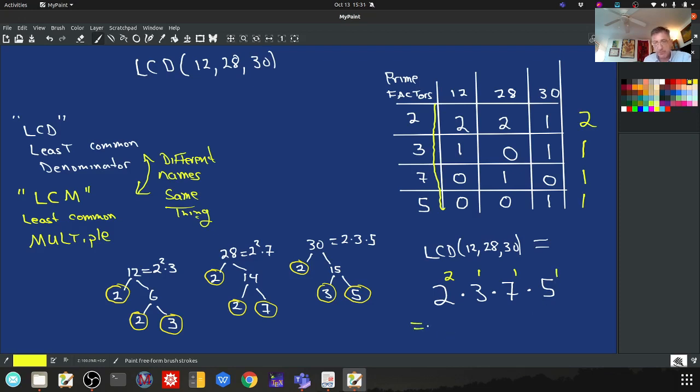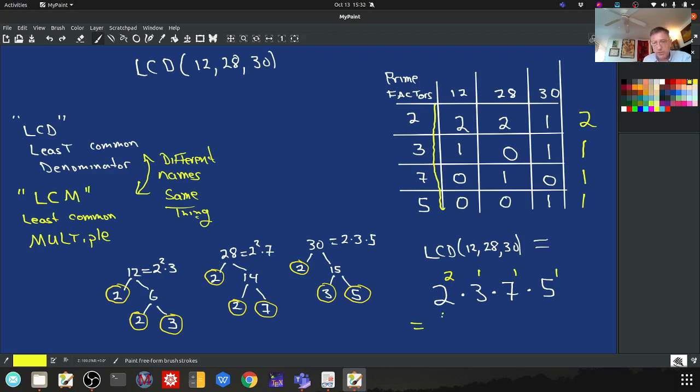So my least common denominator is 12 times 7 times 5 is 35. Let me get this right. So yeah, that's right.